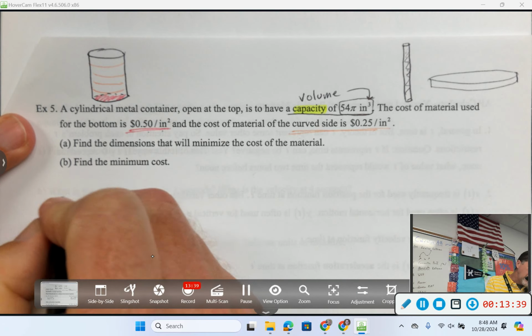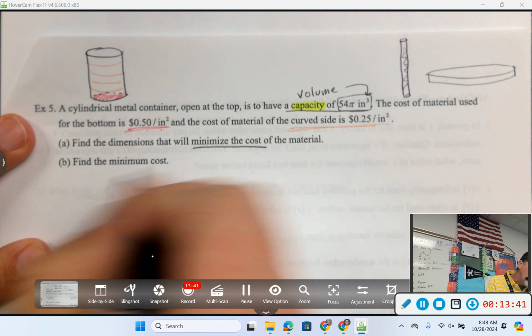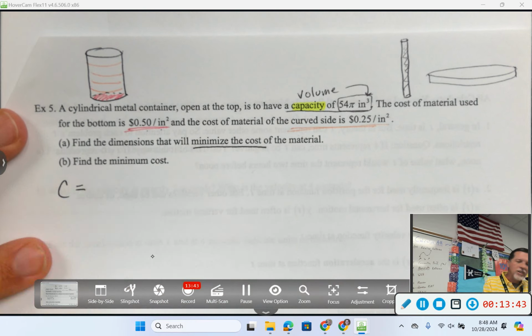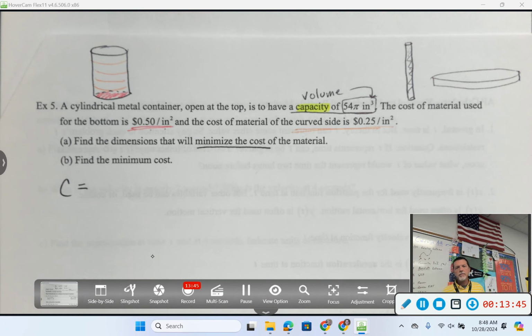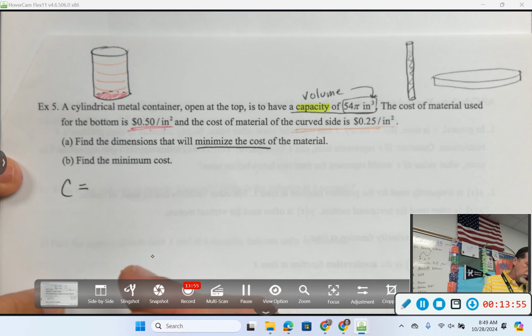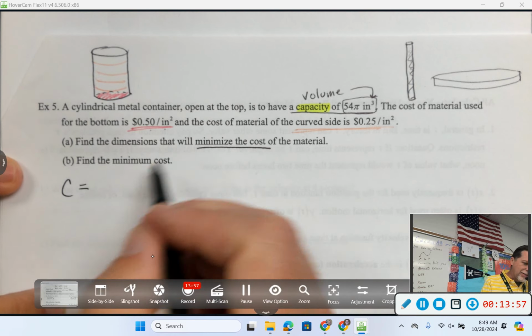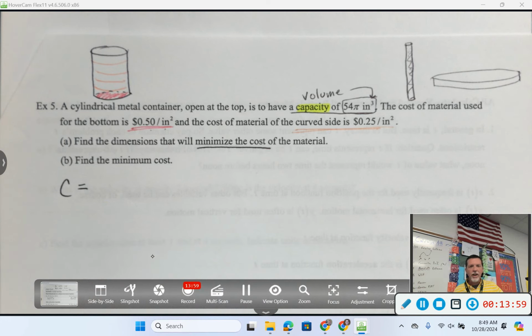So I'm trying to minimize the cost, so I need an equation for cost. And then we'll take that derivative, set it equal to 0, and check to make sure we've got a minimum rather than a maximum. Okay, so we're going to have to come up with this formula on our own, right? They don't give us a formula for the cost of a cylinder.